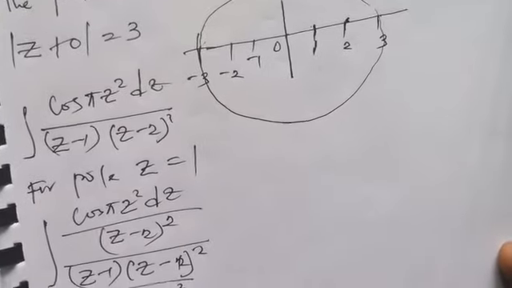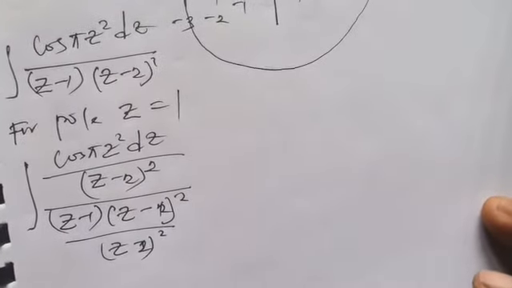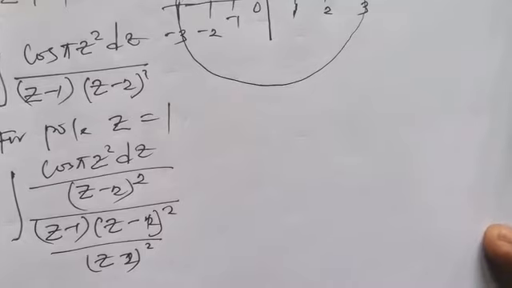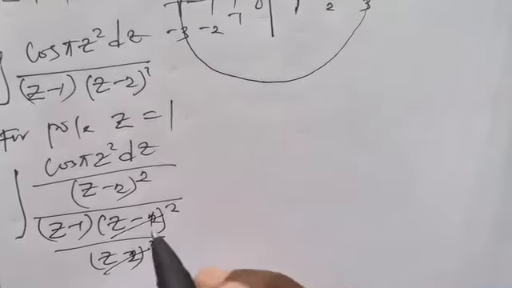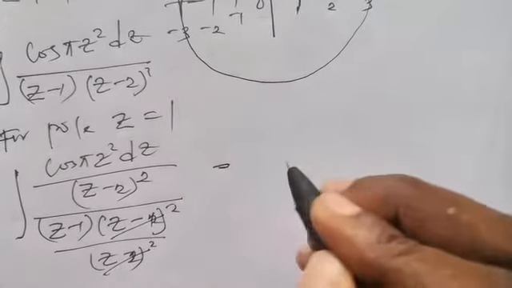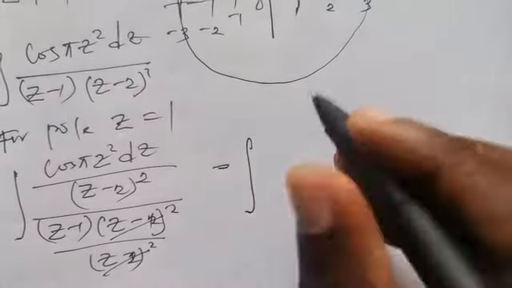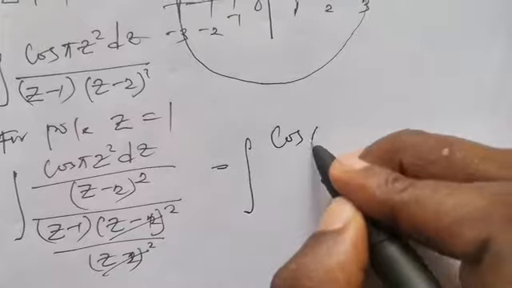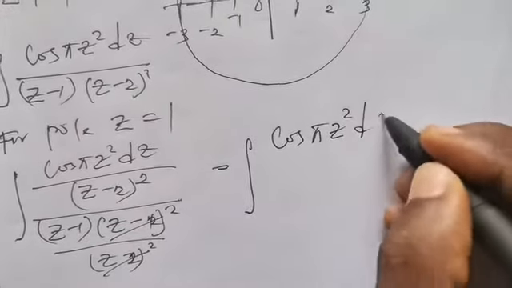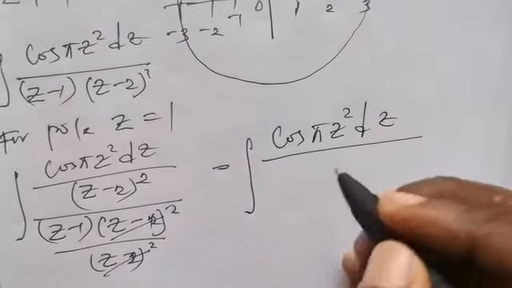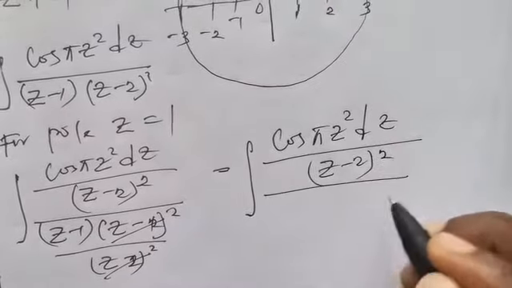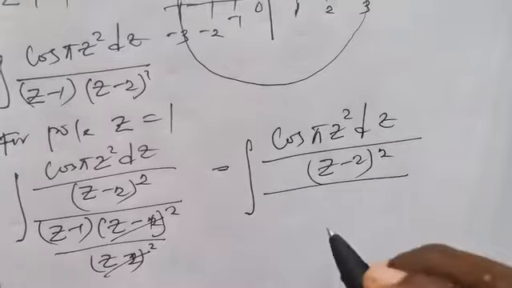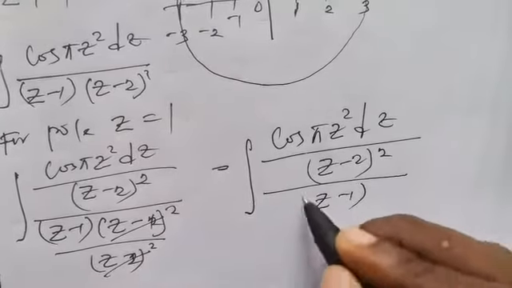You simply have this. So from here, (z minus 2) squared simply cancels (z minus 2) squared. This integral becomes the integral of cos(pi z squared) dz all over (z minus 2) all squared, all over z minus 1.